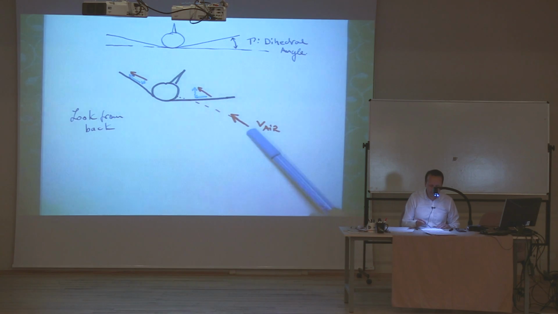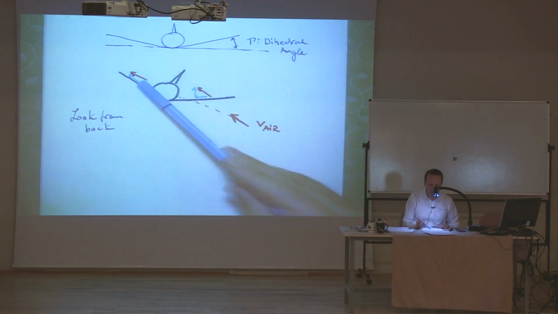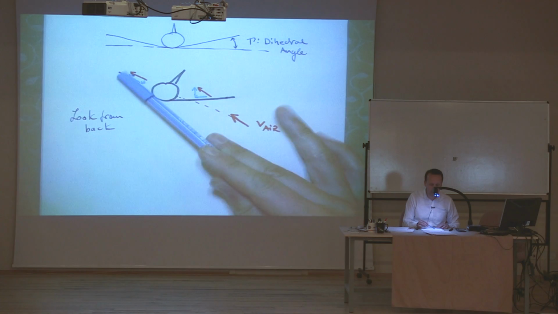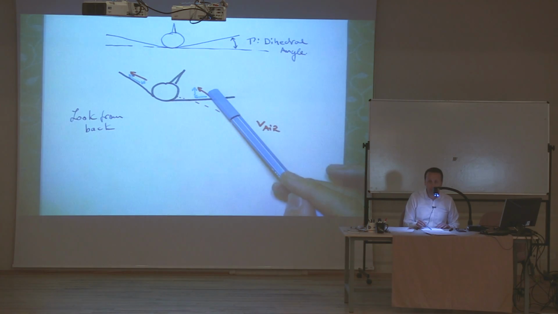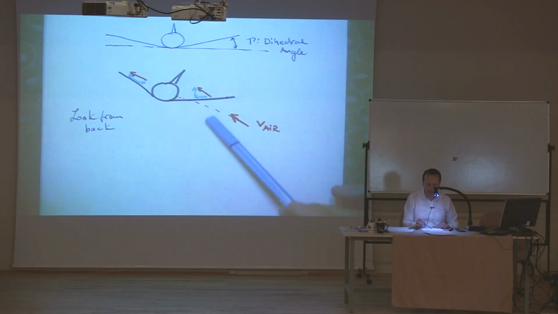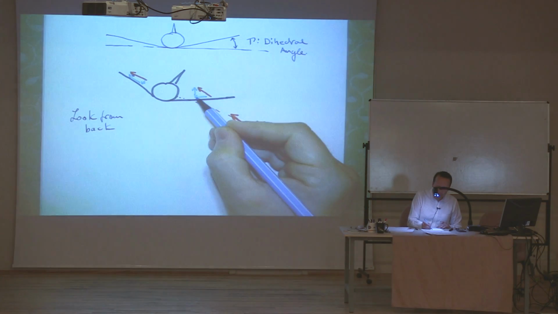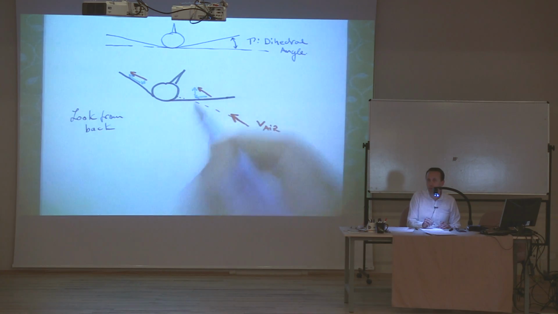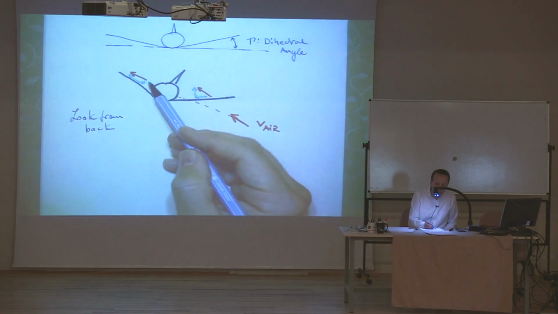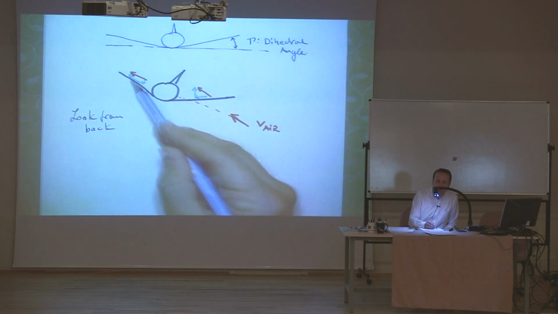The same velocity vector looks now different on these two wings because of these two angles. This red vector is the velocity vector coming from the side. It has two components. You can decompose it into something parallel to the wing and something perpendicular to the wing. Here you do the same thing, perpendicular to the wing and parallel to the wing.